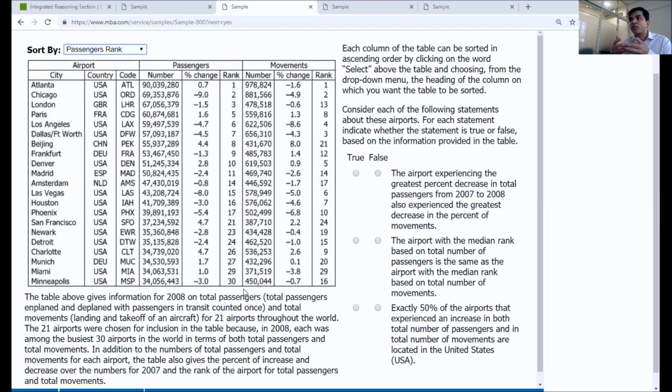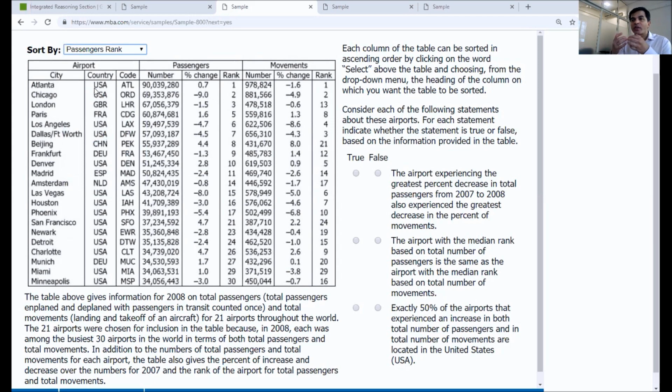If I had to answer questions in terms of who had the middle rank, the median value, for example, I know I have to just locate something in the middle. If I want to know who has the lowest rank, I know this is the city I'm talking about. Highest rank, I know which is the city I'm talking about. So questions are going to be driven by logical sorting.